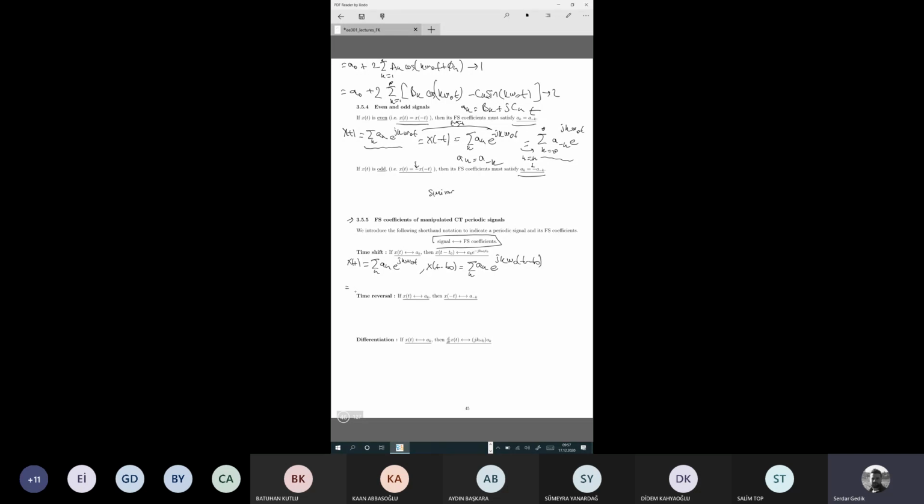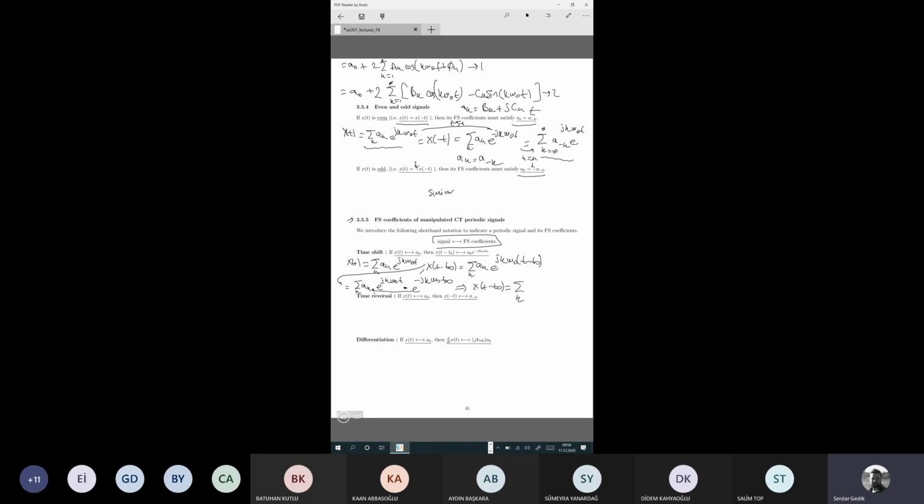You continue from there, it's equal to the summation over k of ak e to power j k omega 0 t times e to power minus j k omega 0 t0.